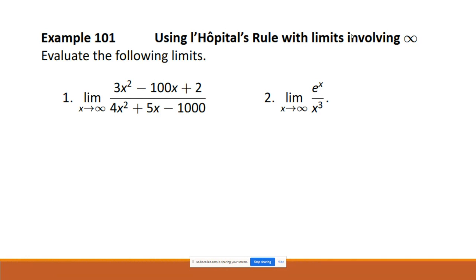The second one we really have no method for, but it is one of the scenarios where we compare: if x goes to infinity, the denominator goes to infinity and the numerator also goes to infinity, so which one is bigger? Typically, we think the numerator will be higher. So I think this limit is infinity, because exponential growth is always faster than polynomial growth.